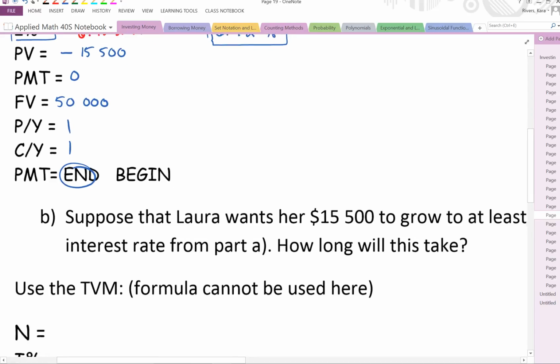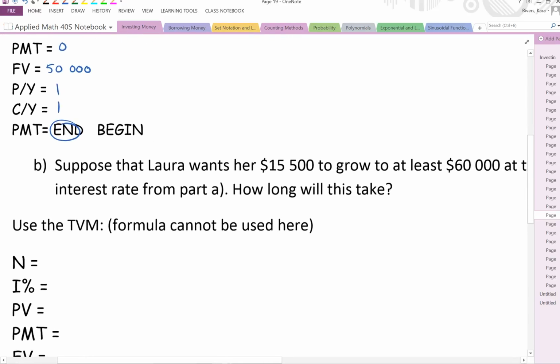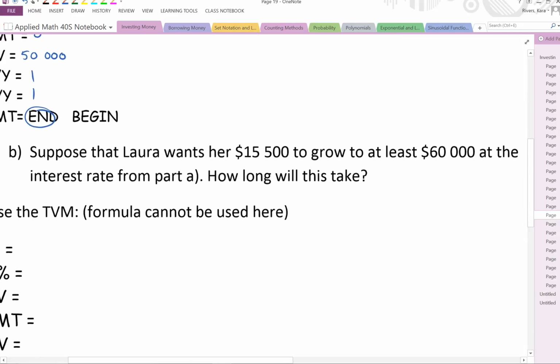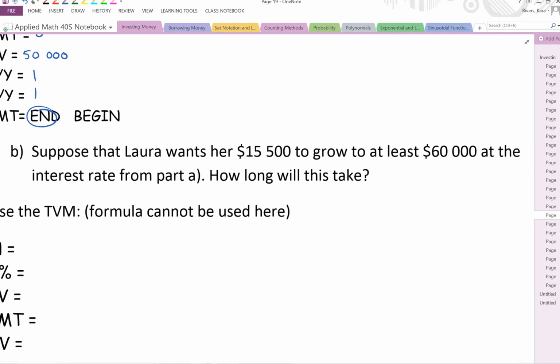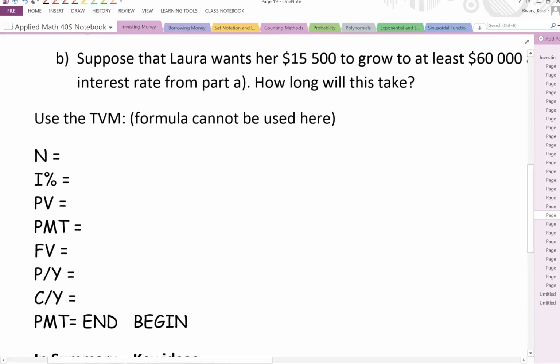Now B says, suppose that Laura wants her $15,500 to grow to at least $60,000 at the interest rate from Part A. So using your answer from Part A, how long will this take? In this case, we can't use the formula anyways, but we wanted to use the TVM solver.